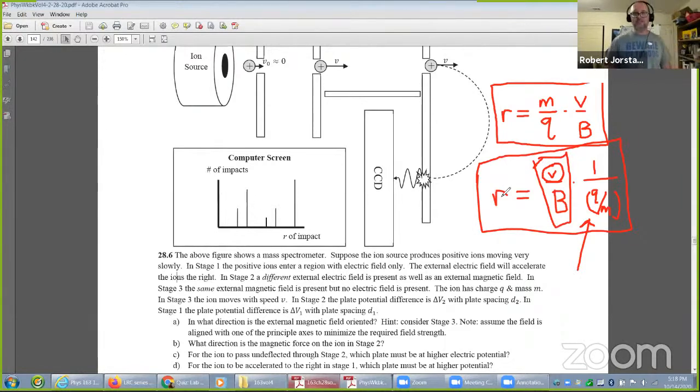So what you could do is, if you have singly ionized helium, that would be helium that has one electron kicked off, positively ionized. Or you could have doubly ionized lithium that would have 2 electrons kicked off, or beryllium, etc. The idea is that different elements and different ion concentrations correspond to different peaks.